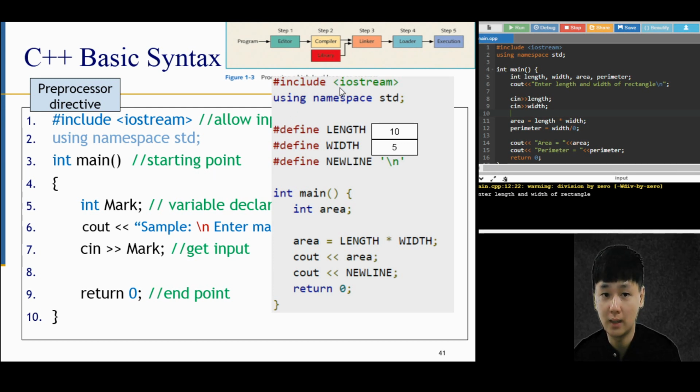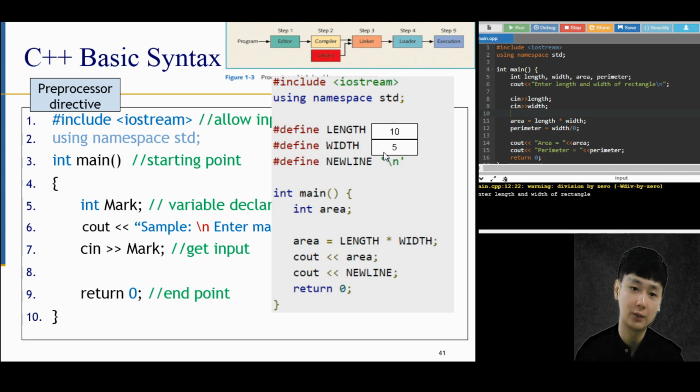This iostream directive I will explain in more detail in the next lessons. So let's take this hash sign define as our example. This define is basically to define a constant in our program, where we have a length storing a value of 10, and a width storing a number of 5.